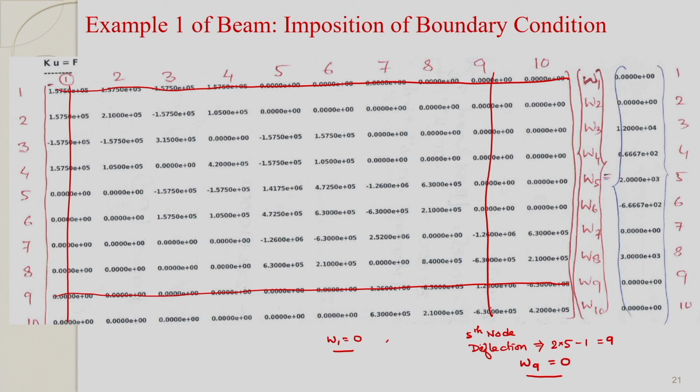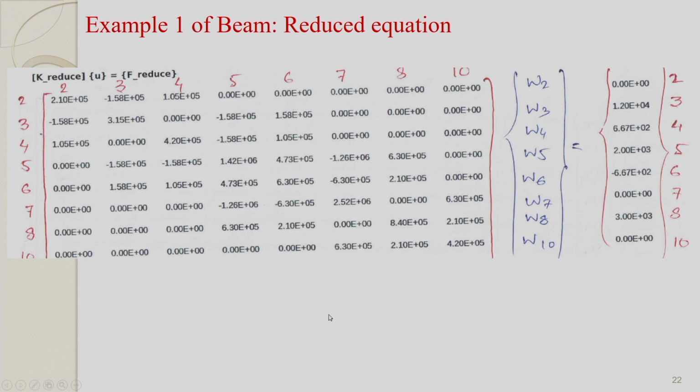And because these are 0 boundary conditions, our load vector remains unchanged. So, after imposing these 2 boundary conditions, our unknowns will be 8. This is our equation after imposing boundary conditions, which is 8 cross 8.